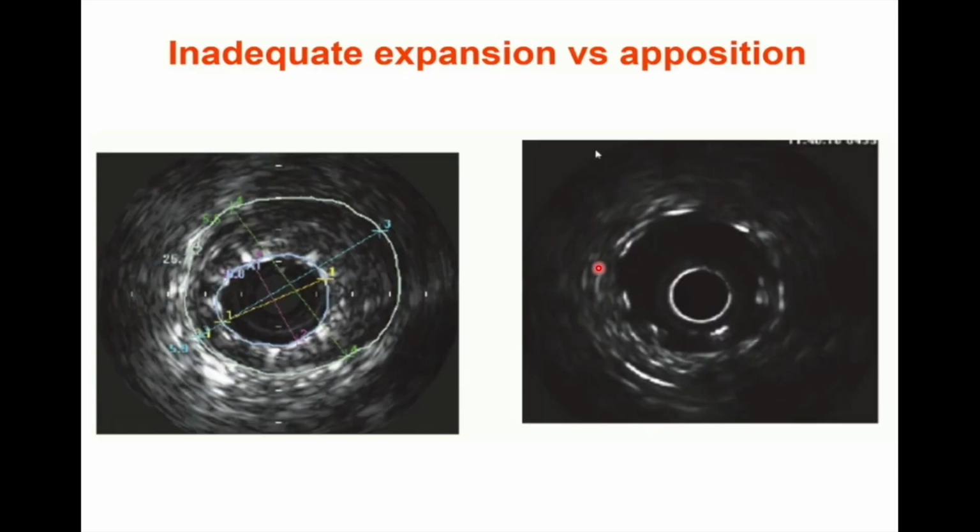So this is a comparison to show you that this is malapposition where the stent strut is not touching the intima. Look at this, this is malapposition. But look at this, this is not malapposition, this is under expansion. Look at the media to media size of the vessel and look at the size of the stent. This is under expansion or undersizing of the stent.